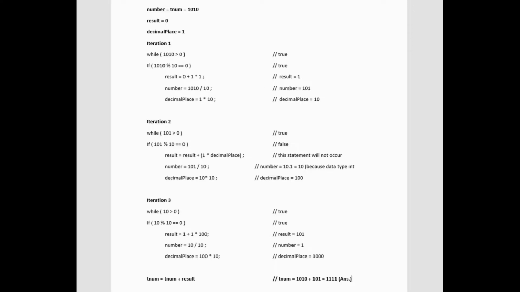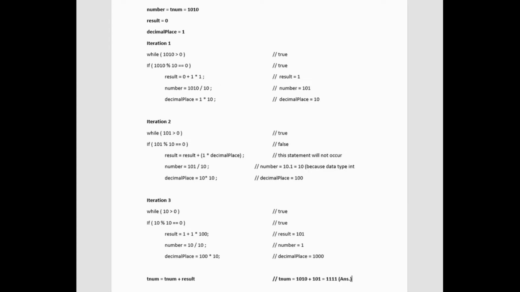Where does it come from? At the first iteration you can see we got our value, that was 101. Is it that? No. It would be the value of result. Why would it be that? Because first result was 1, then when it went to the 100th decimal place and found that there is a 0 in 1010, in the decimal place 1 there is a 1, and in the decimal place 100 there is 0.